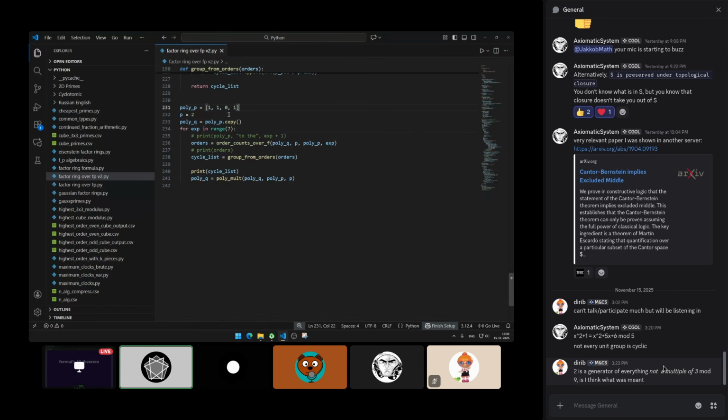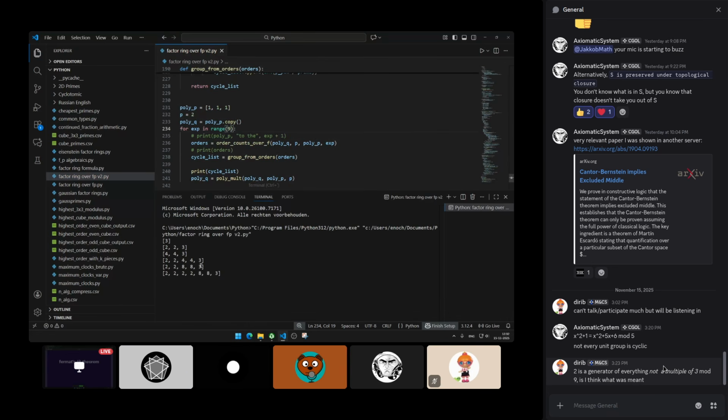So now maybe let's try a smaller one. Let's just try quadratic, and we can raise the power a little bit higher since it'll go faster. So now we start with a 3 cycle because this is a degree 2, mod 2, and then each time we're adding 4.